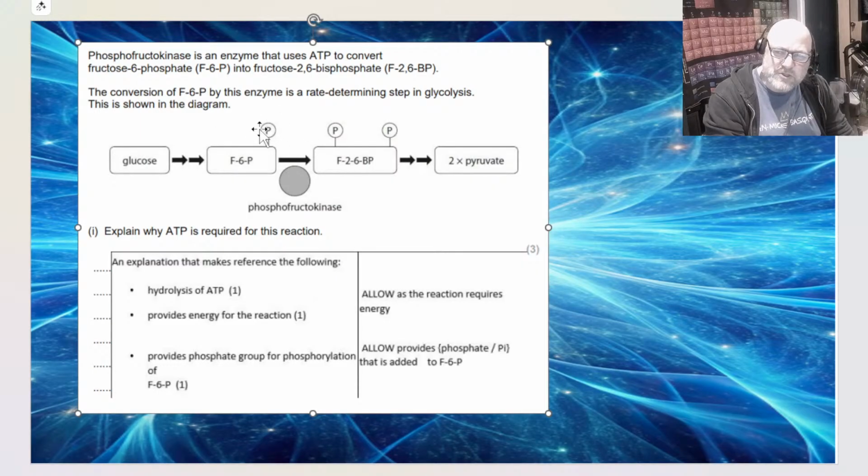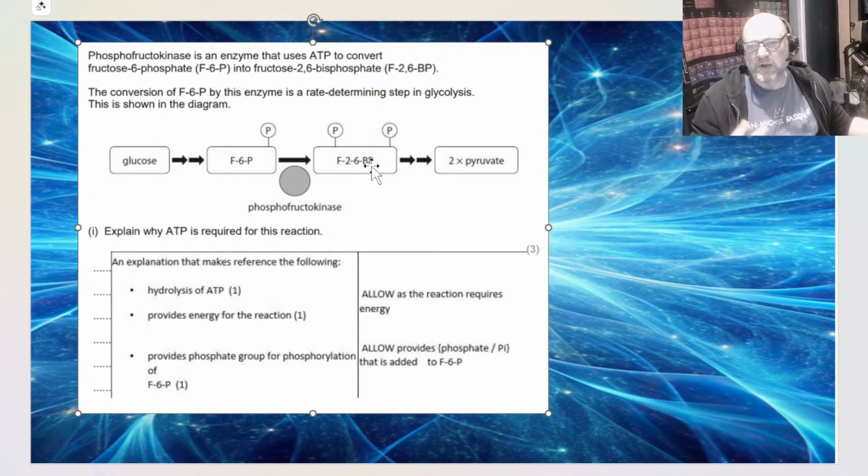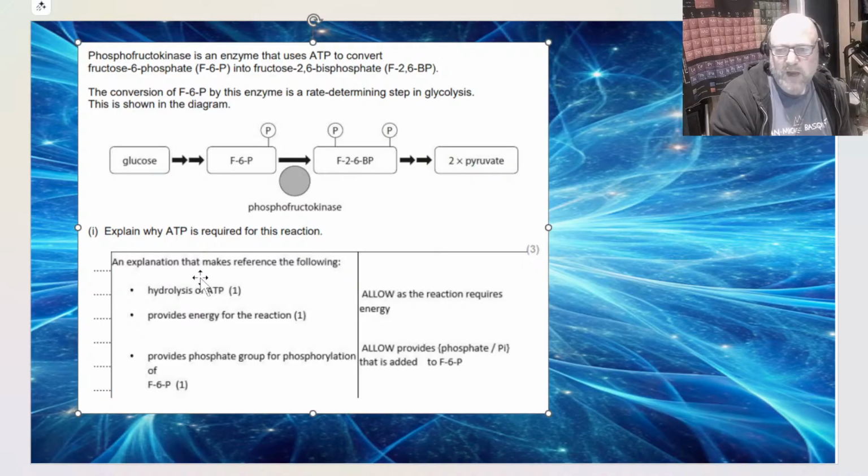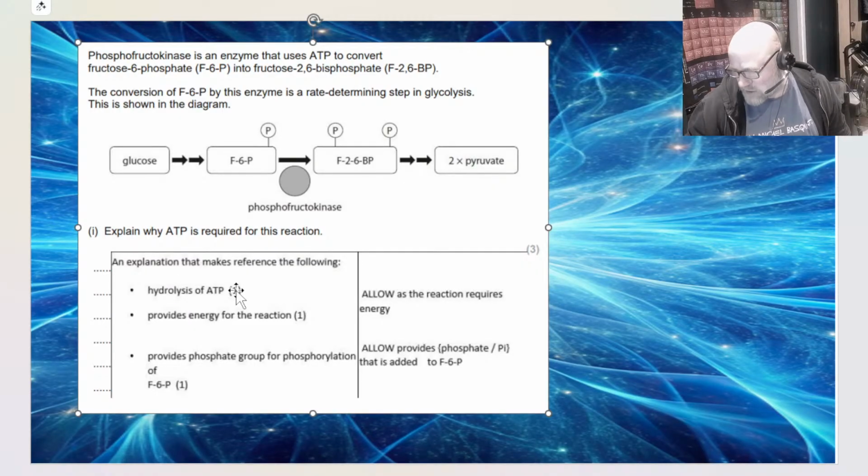This is why they've been a little bit cheeky here. They've stuck the phosphate onto there to make F26BP, so bisphosphate. So the phosphate's being used to turn F6P into F26BP with an extra phosphate. You've just got to think on your feet. But yeah, hydrolysis of ATP provides energy. Yeah, that's right, it's needed for the energy. Yeah, ATP needed to phosphorylate fructose.